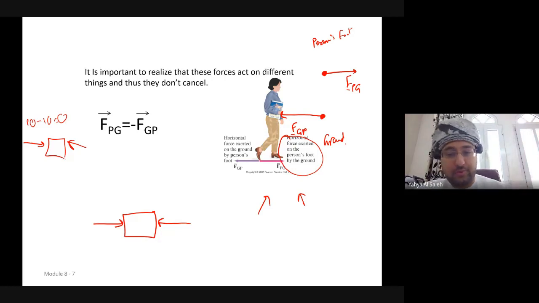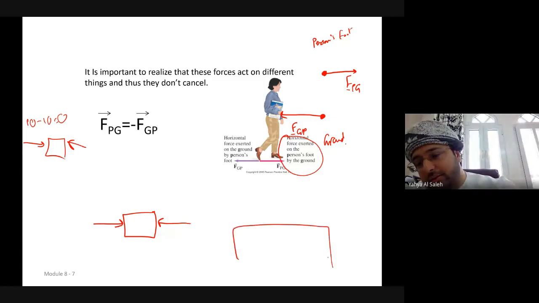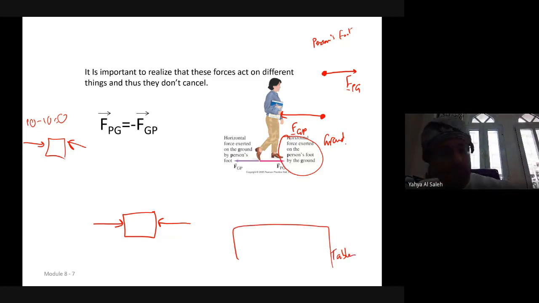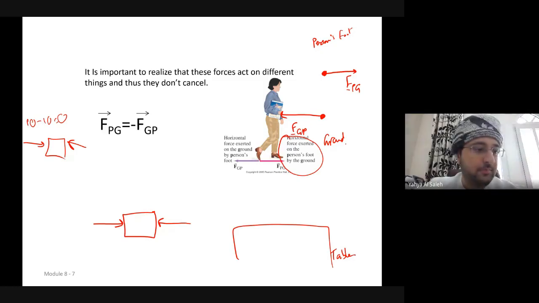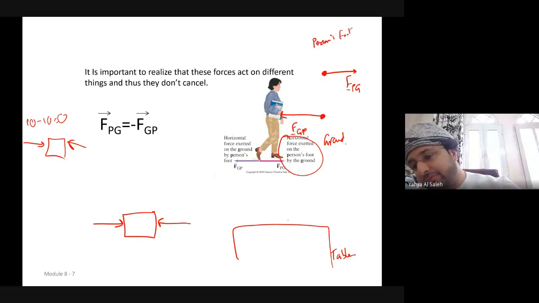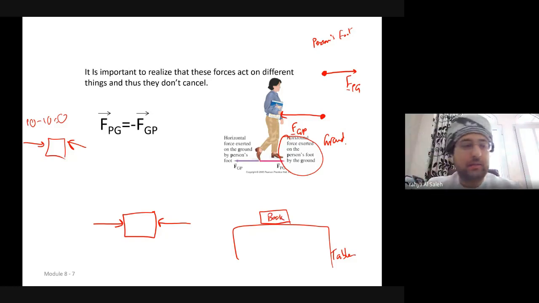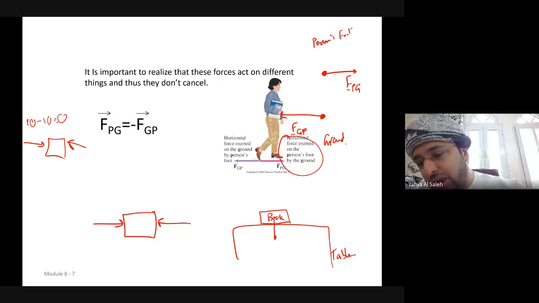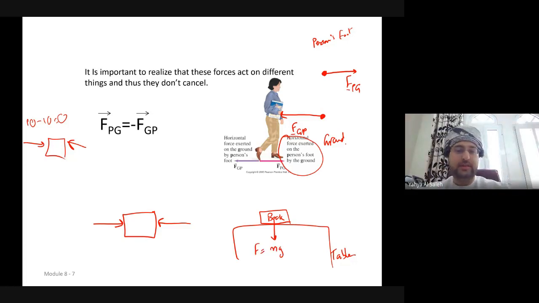Okay, so for example, let me give you another example before we move on. Say I have a table. Now I have a book on a table. Now this book, there are two forces acting here. One, there is gravity, so F equals mg on the book going down.